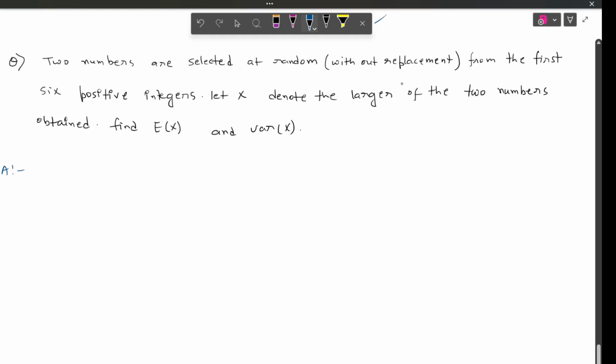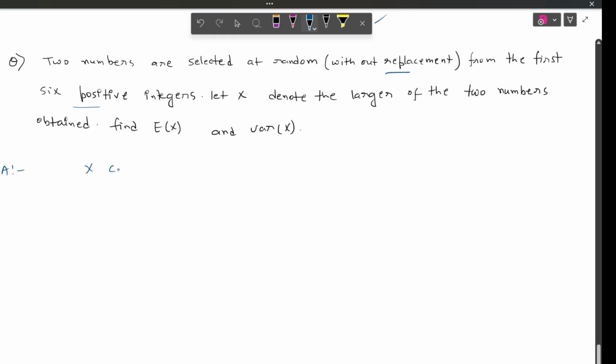Two numbers are selected at random without replacement from the first 6 positive integers. Let x denote the larger of the two numbers obtained. Find this. So you have taken two numbers you have selected from first 6 positive integers.